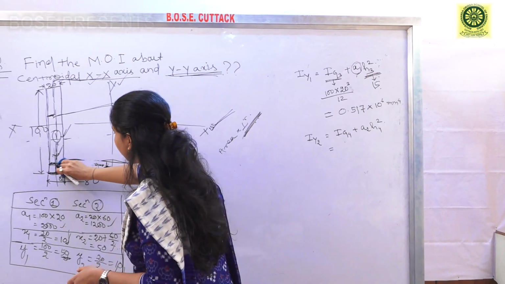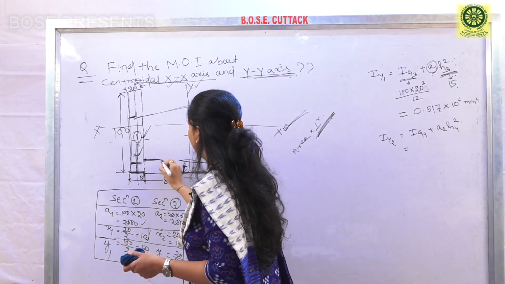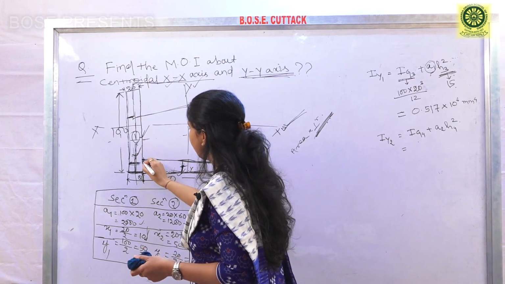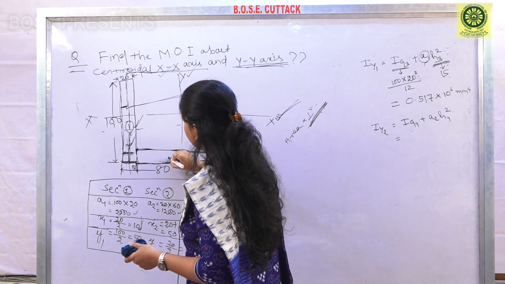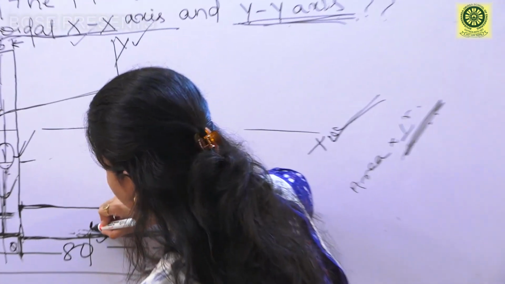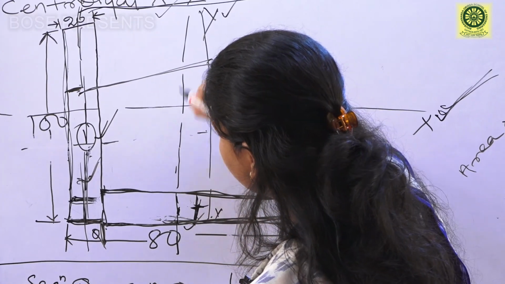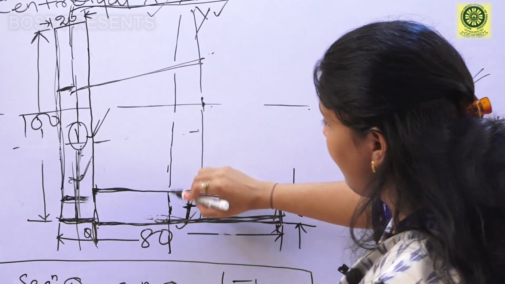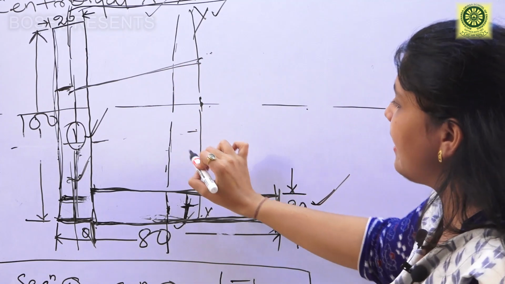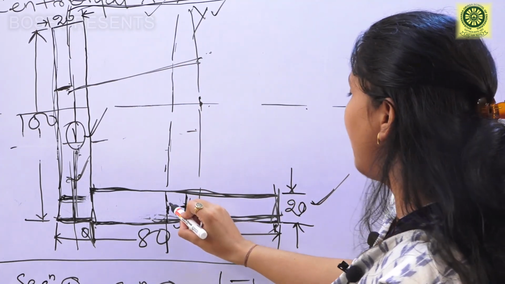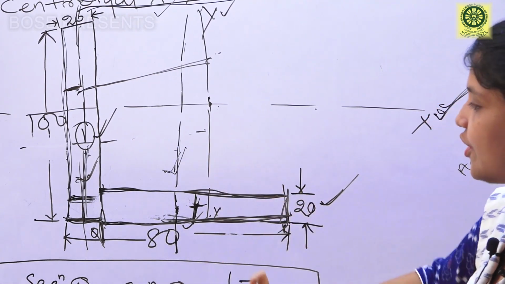So this is our section 2. Suppose here the centroid is lying and the axis is passing like this. So Ig4 is the moment of inertia about this axis, and this axis is also parallel to the y axis.